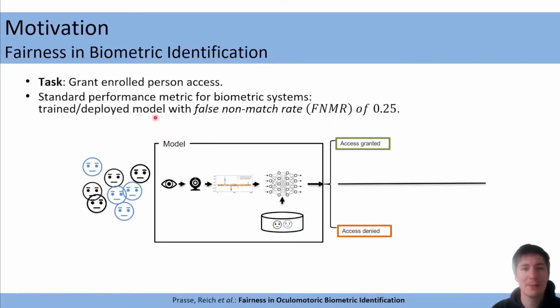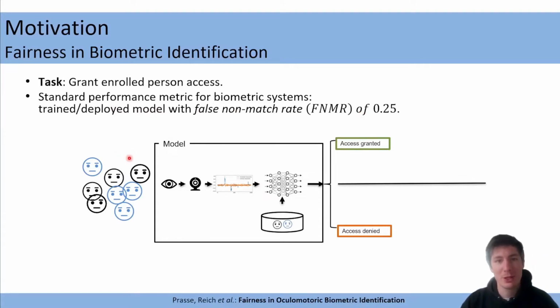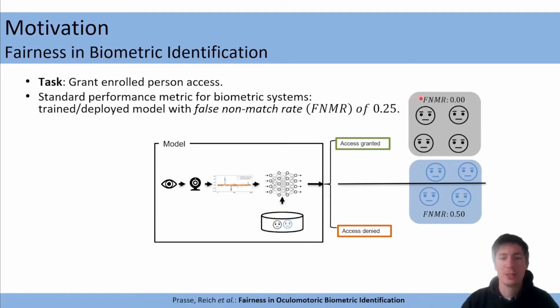In this toy example, we use a model with a false non-matching rate of 25%. That means that persons with the right credentials are wrongfully denied access to the system in 25% of cases. We can here see that the model overall has a false non-matching rate of 25%, while we discriminate against a blue demographic.